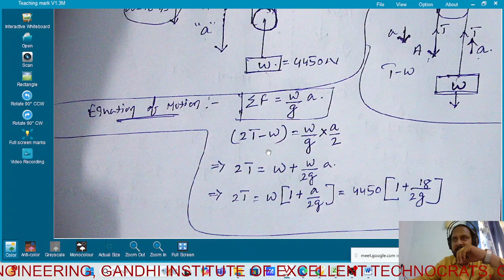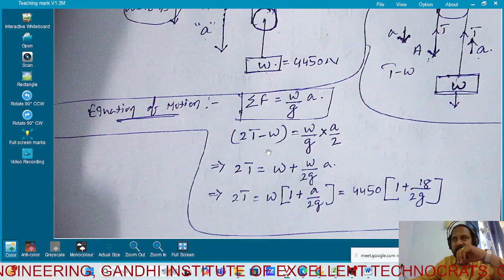What is the answer? So I am doing it here on the side. 2T is equal to, T is equal to 6307.56. Let me do it again. 18 divided by 2 into 9.81 plus 1.